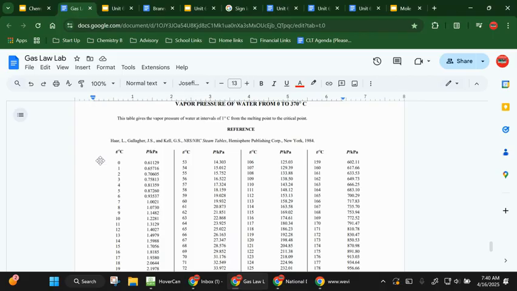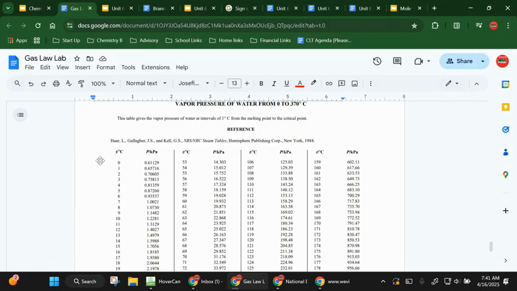But it is based on what? What did we use to decide which of these values we would use? We used the temperature of the water. So this comes out of a reference book, but we choose our value based on the temperature of the water. So we find the temperature of our water, 19 degrees, 20 degrees, 18 degrees, and we got a value.